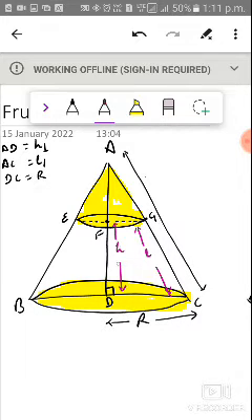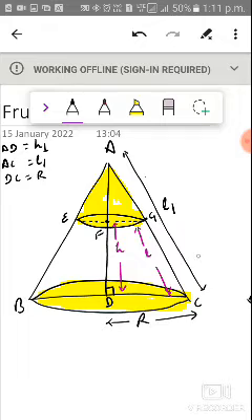H is the height of the frustum and L is the slant height of the frustum of the cone. And AC, we have already taken as L1, that is the slant height of the bigger cone.